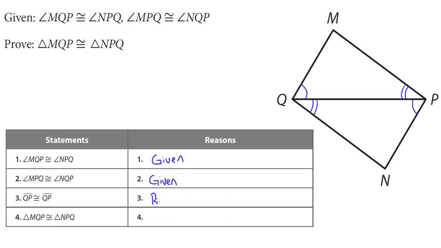And that is the reflexive property of congruence. So now that we have our angle side angle, we can prove that triangle MQP is congruent to triangle NPQ because of the ASA triangle congruence theorem.